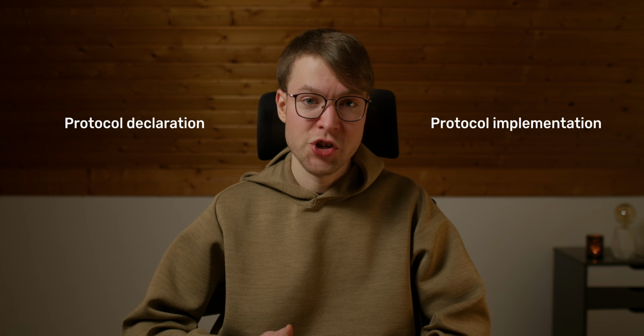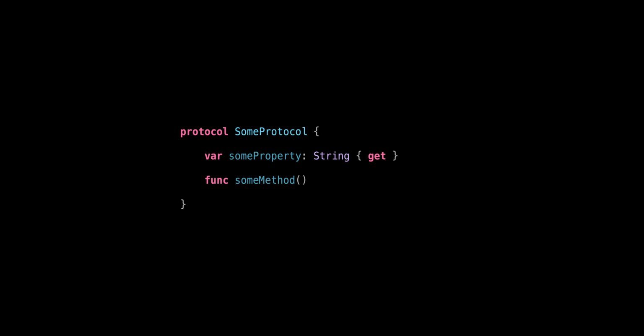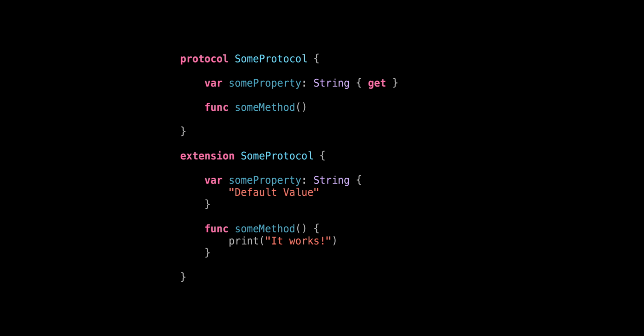Protocols with extensions are something like two-in-ones, the protocol itself and its own implementation. Here's how it works. In the protocol declaration, you list all the requirements of your protocols, properties, methods, the usual stuff. But then you've got a chance to implement some of those requirements right away in a protocol extension. In their syntax, extensions are really similar to the normal way of conforming to protocols.